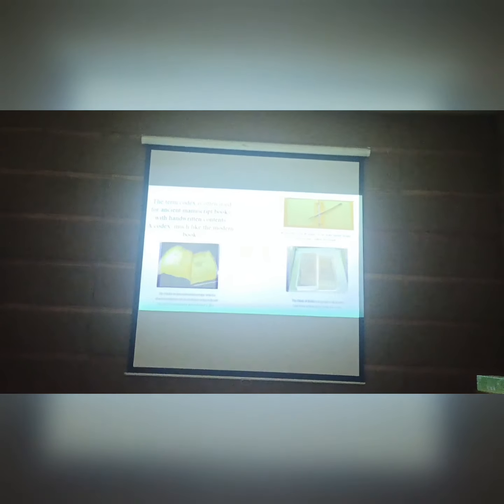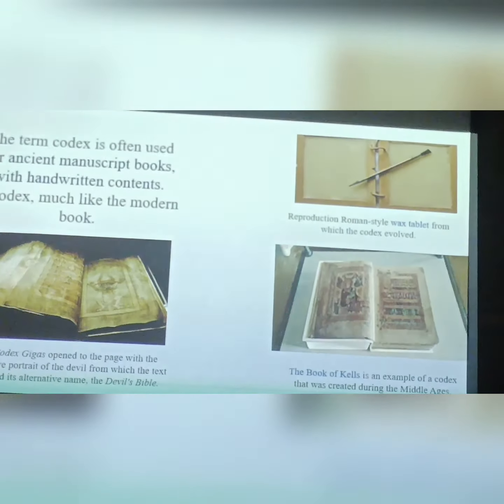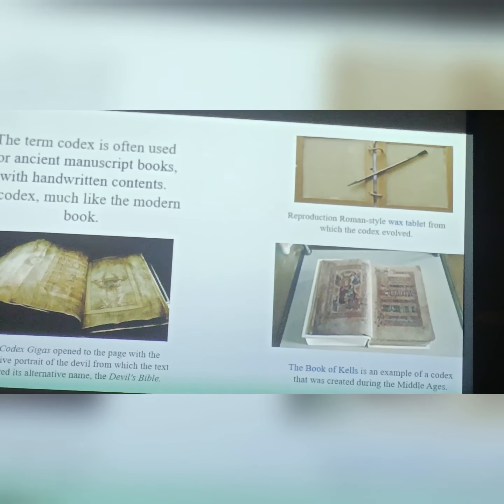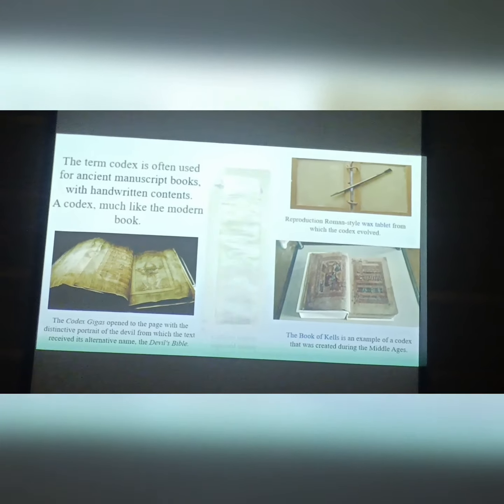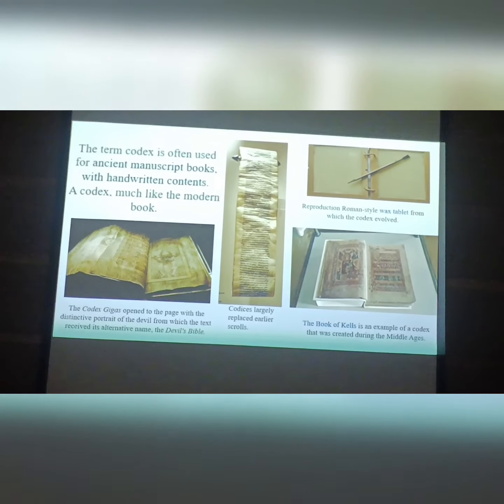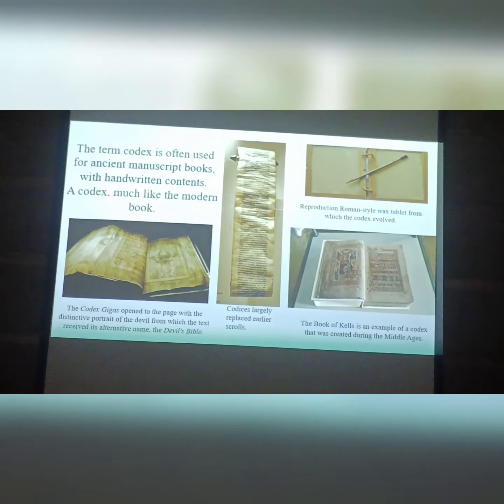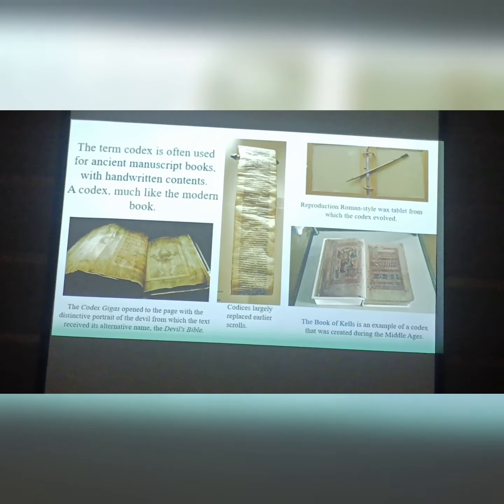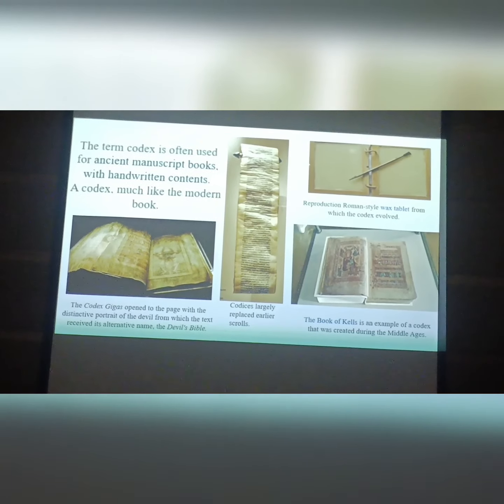It is just like a modern book. It evolved from the Roman style wax tablet. So first we used the scroll, and from the scroll we then converted to these types of books.